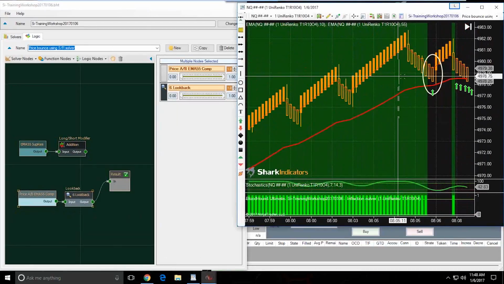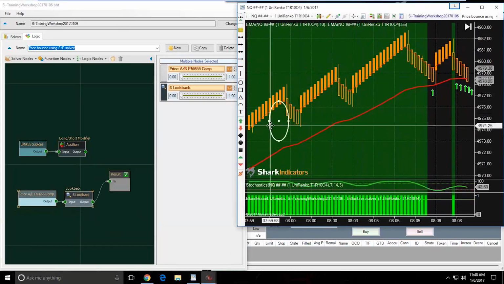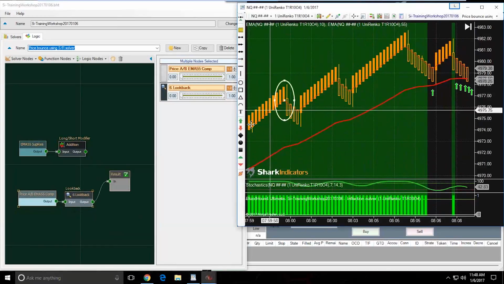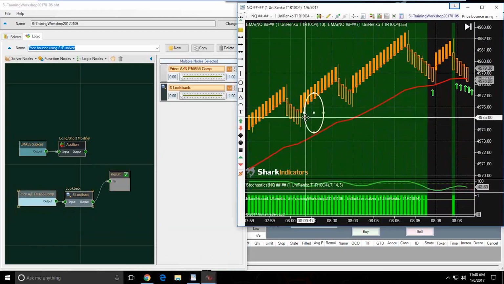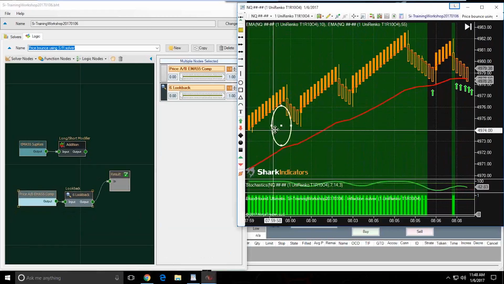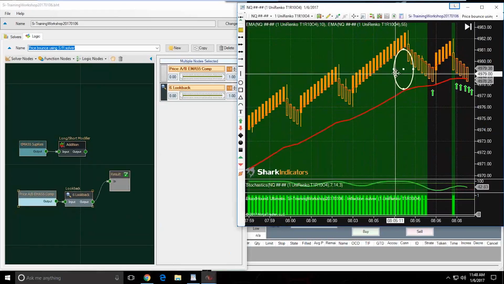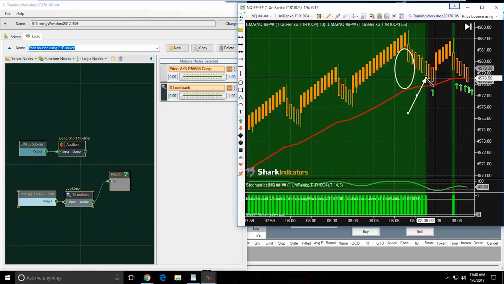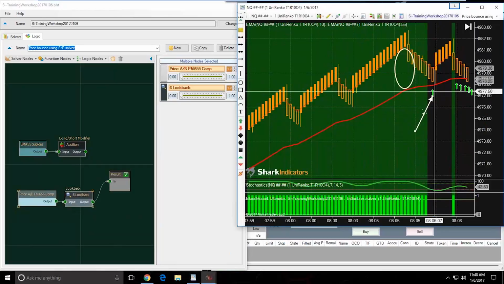So we can see price is above our moving average, so it's telling us that we've got a nice uptrend going here. Then you notice how this trend turns off before it gets to our possible bounce.